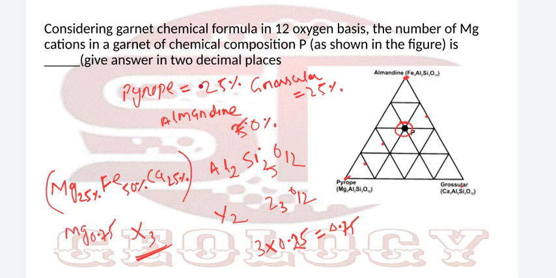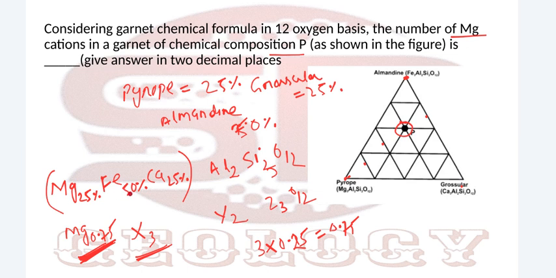It is asked for the number of Mg cations in garnet of this chemical composition. The number of Mg cations is 0.75. Fe will be 1.5 and Ca will be 0.75.